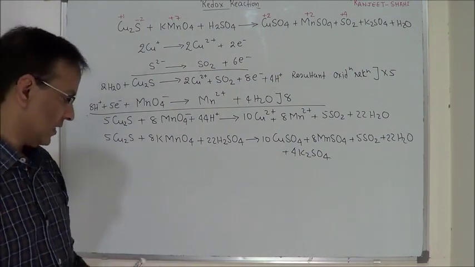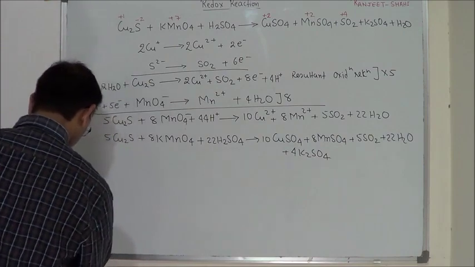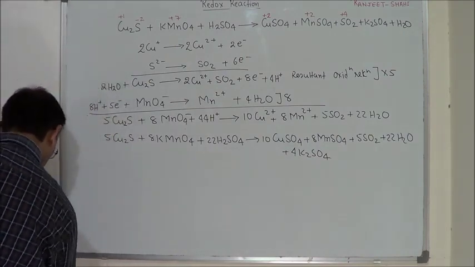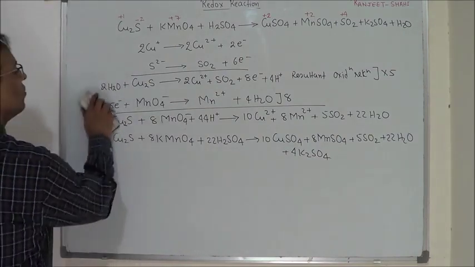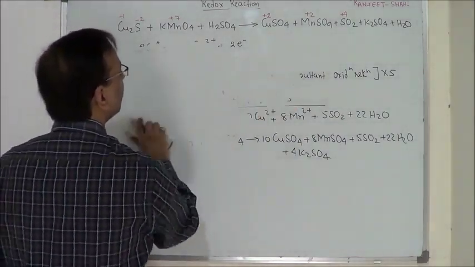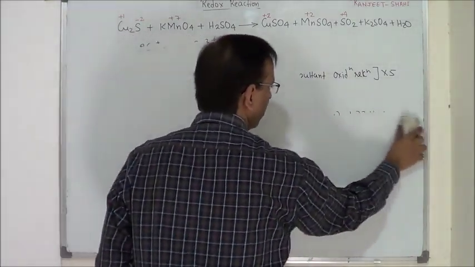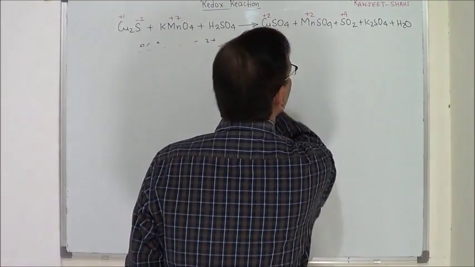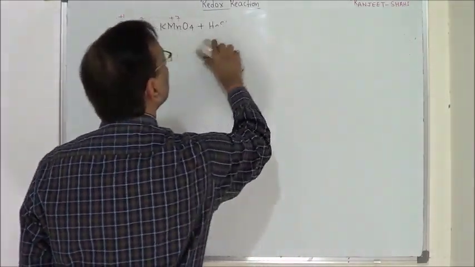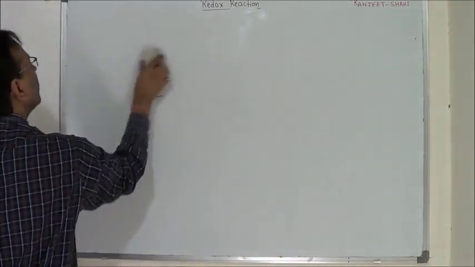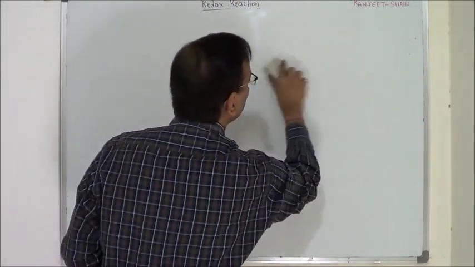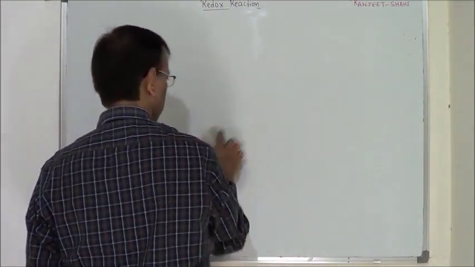So let us take that technique of fast balancing of a redox reaction, which I call the shortcut method for balancing a redox reaction.